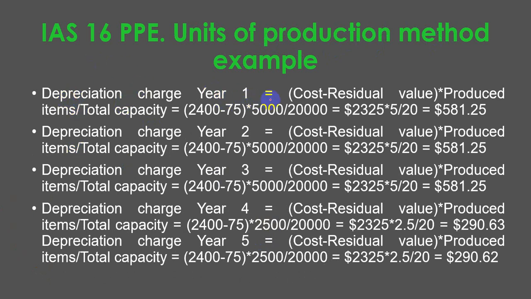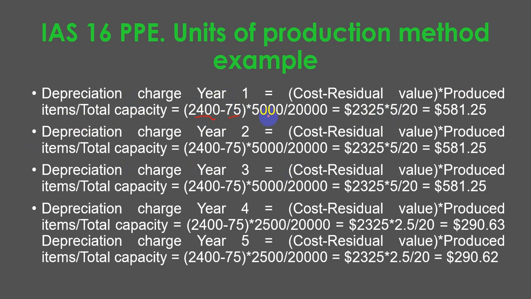Depreciation charge for year 1 will be, we take our cost, subtract residual value, multiply by produced items and divide by total capacity. So if you subtract here again 2,400 minus 75, this gives us 2,325.